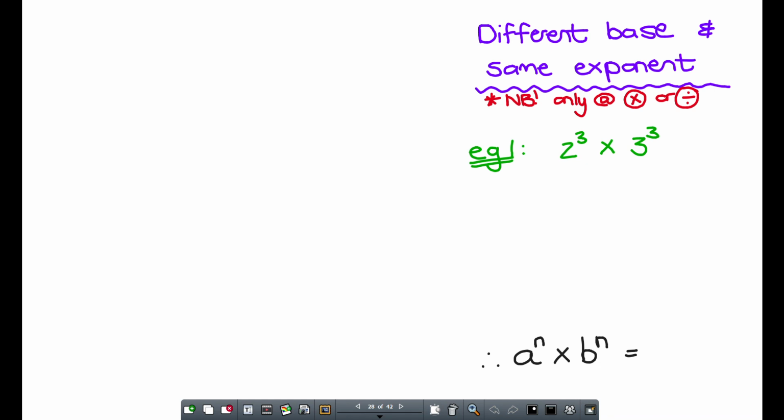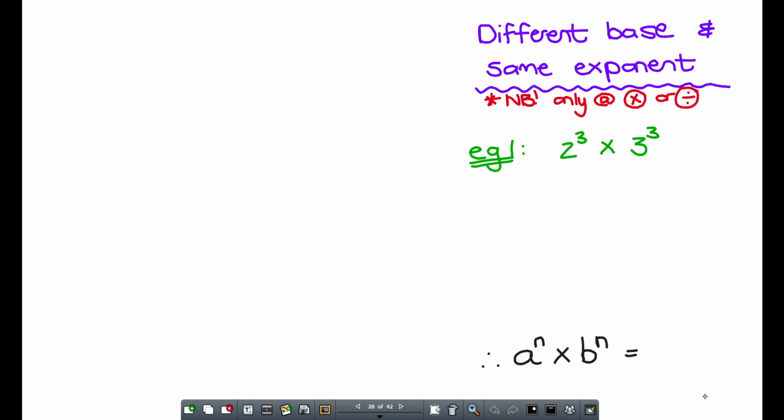Very important, we can only use this at multiplication or division. Only when we multiply or divide can I use this rule. I'm first going to show you the long method, and then from that we'll get the rule, and from there on use the shortcut.